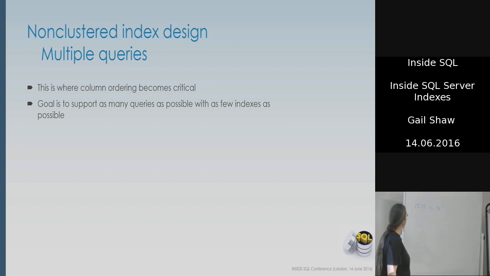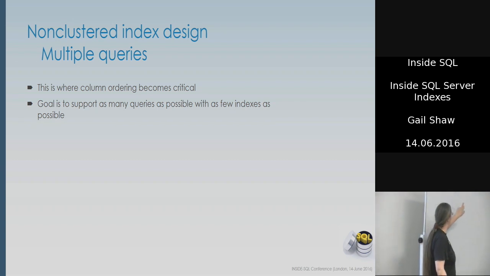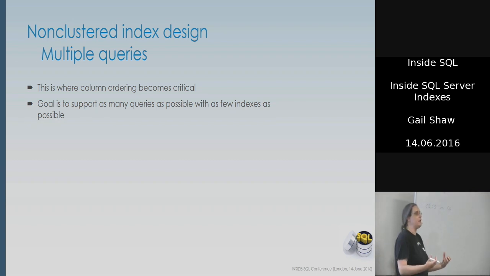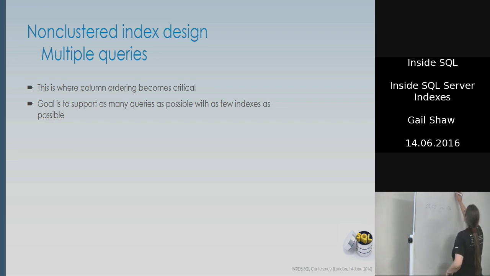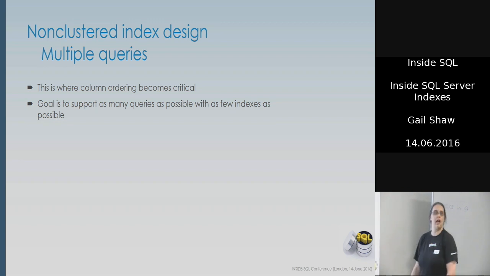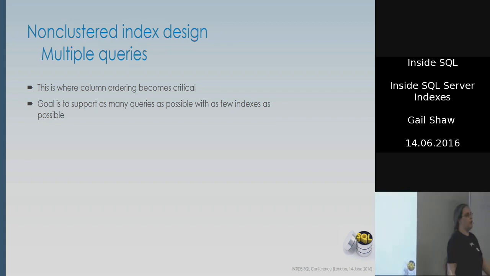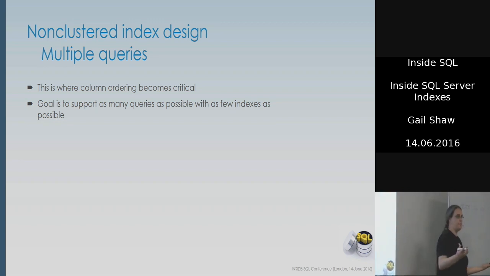Create your non-clustered index C2, C1, include C4. Don't depend on the fact that C1 is the clustered index key and is included implicitly. Because that's all well and good until somebody moves the clustered index to C5. And suddenly your queries take a nosedive in performance because the index no longer supports them.